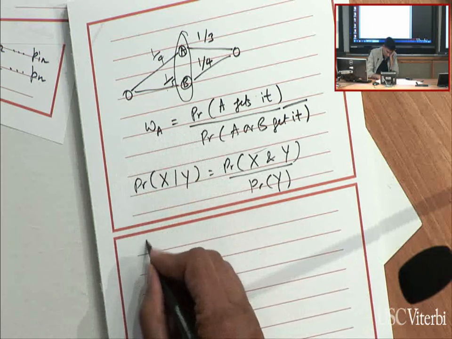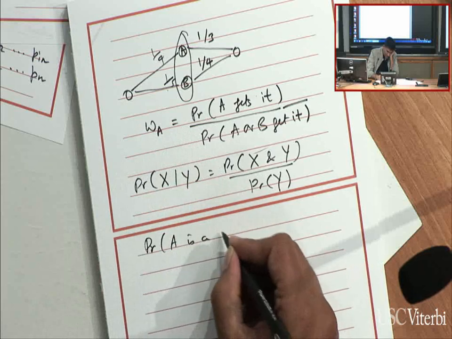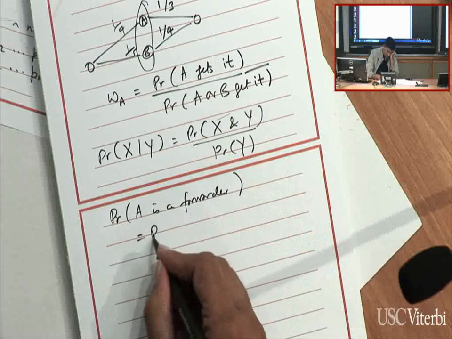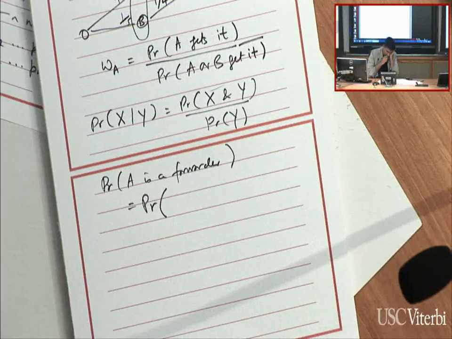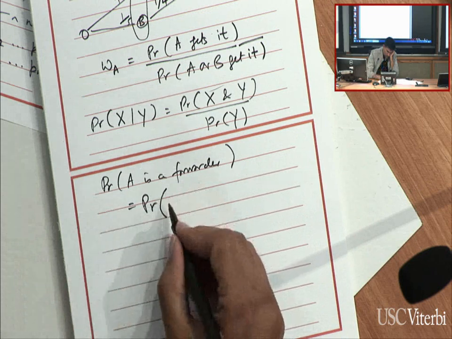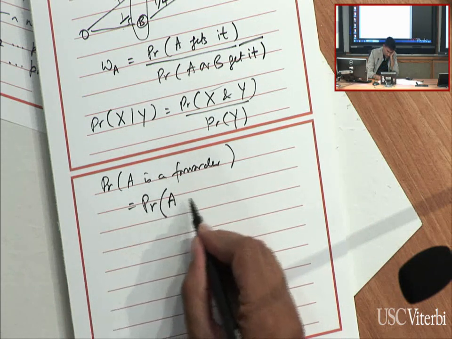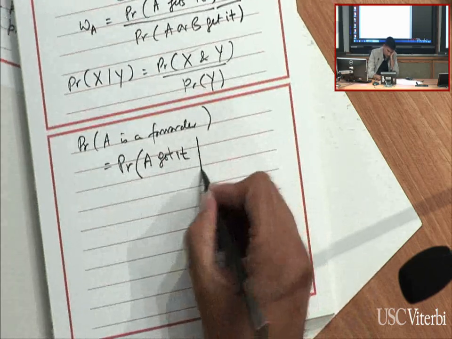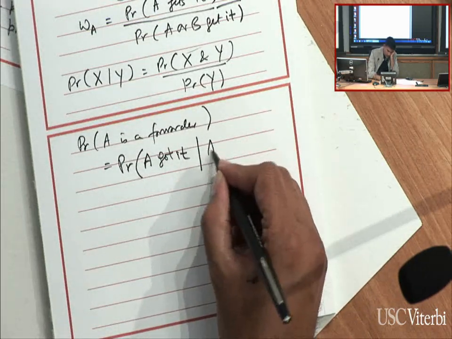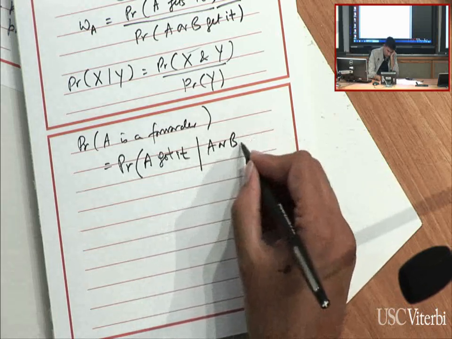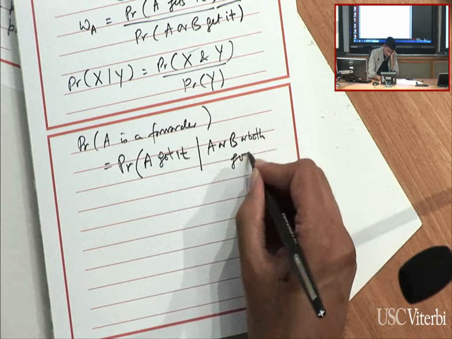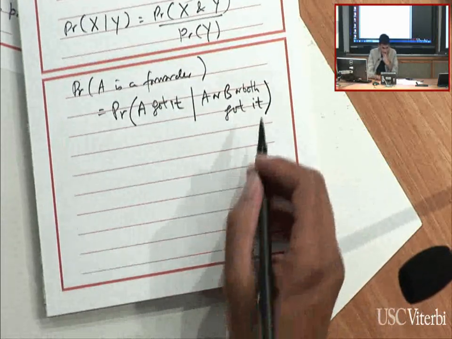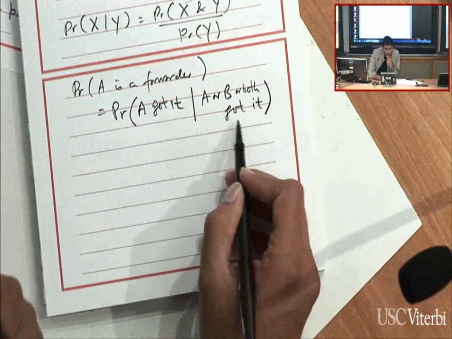So what we're saying is that the probability that A is the forwarder equals the probability that A got it, conditioned on the probability that A or B, or both, got it. Why is this conditioning needed?